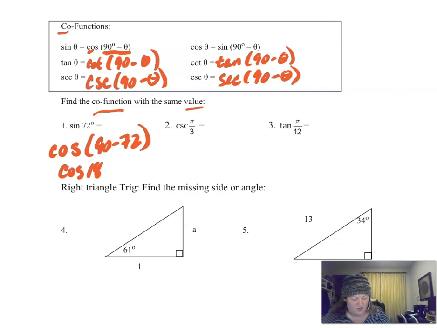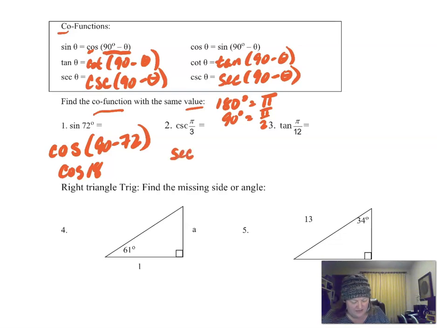Okay, so cosecant pi over 3. So that's in the other measurements of radians. So I have to go back and think about how do I do 90? So if I remember right, 180 degrees is the same thing as pi. That means 90 degrees is going to be the same thing as half a pi, or pi over 2. So I'm going to switch the trig word first. So it's cosecant.